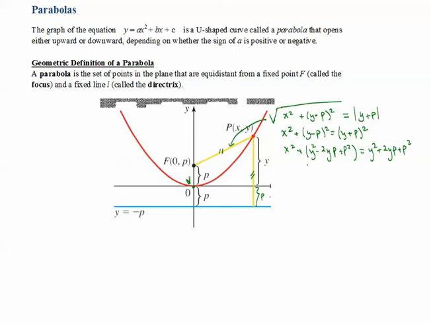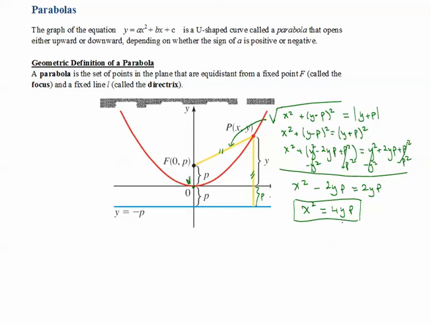If I subtract y squared and p squared from both sides, we end up with this equation: x squared minus 2yp equals 2yp. Move the negative 2yp to the other side, and we end up with x squared equals 4yp. This is the geometric equation of the parabola.